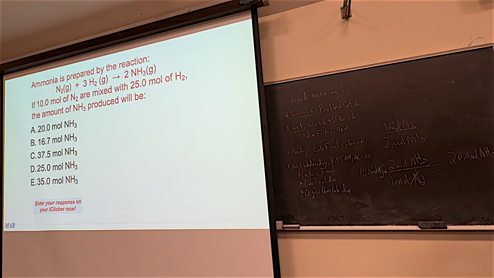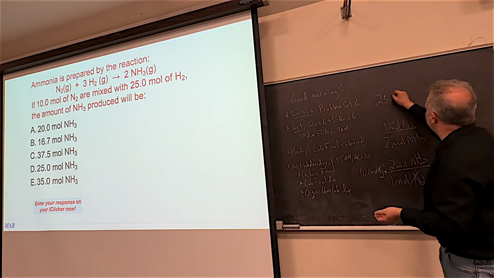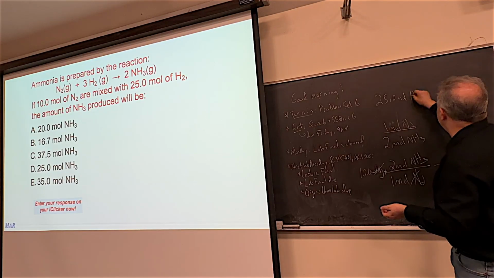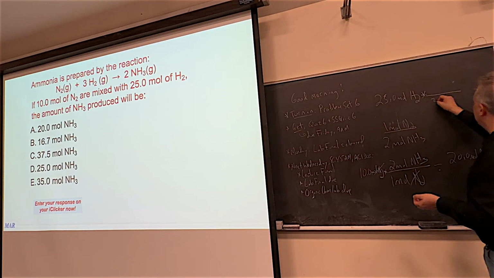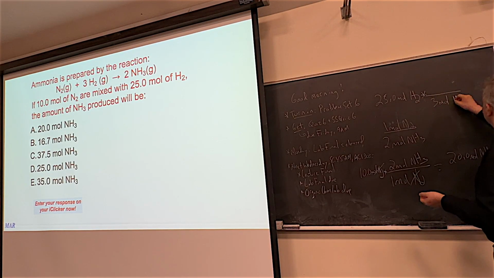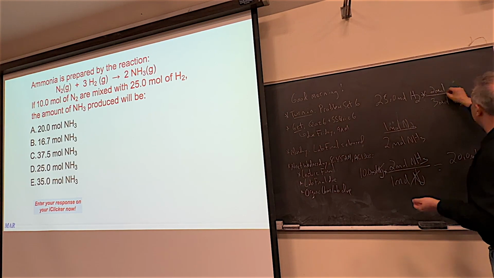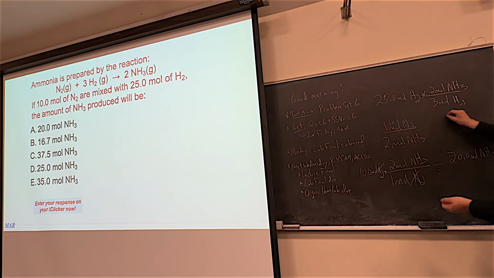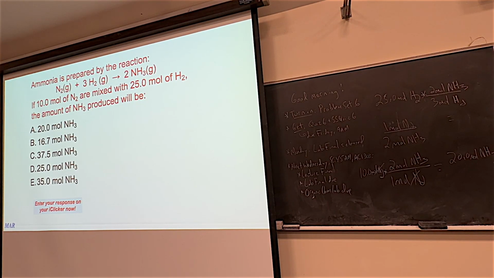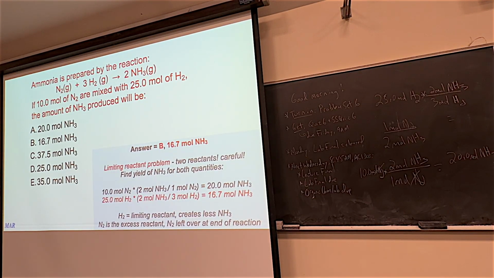However, if you do this, here's what it would look like. 25 moles of H2. There are 3 moles of H2 for every 2 moles NH3. Well, 25 times 2/3 comes out to be a number which is smaller than 20 moles of NH3.